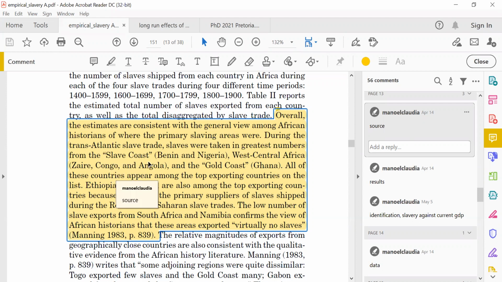Also, remember, those places are closer to the American continent, which relates to where the demand for slaves was coming from. Then West Central Africa, Zaire, Congo, and Angola, where Angolans were essentially sent to Brazil, and the Gold Coast, Ghana. All of these countries appear among the top exporting countries on the list.